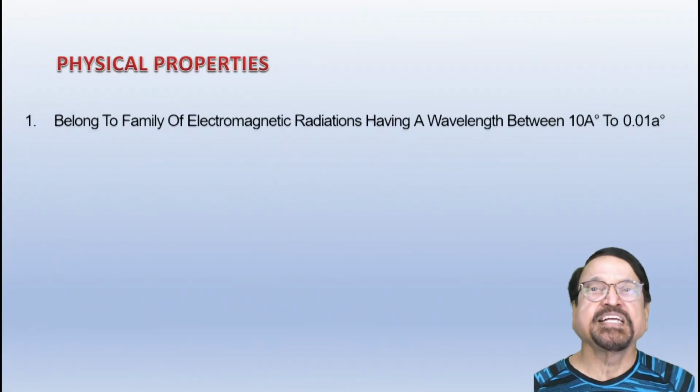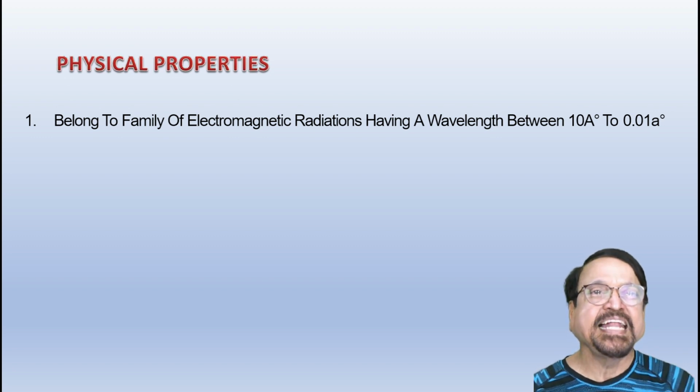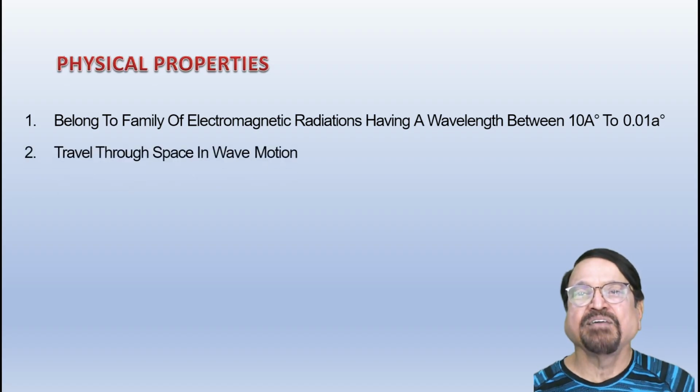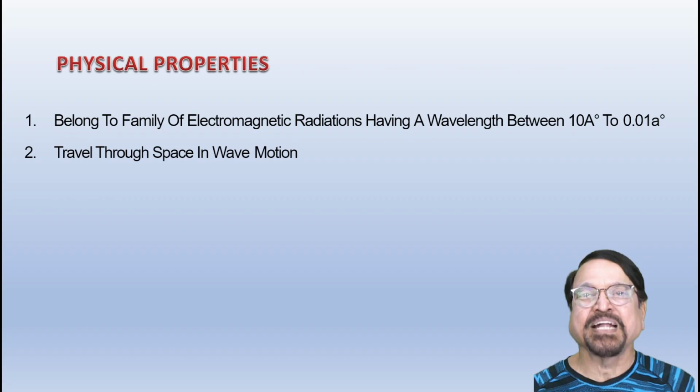Now continuing with physical properties, they belong to the family of electromagnetic radiation having a wavelength between 10 to 0.01 angstrom and travel through space. They can travel through space, they can travel through media, but the interactions are different. We have covered it separately, and that determines the contrast and imaging.